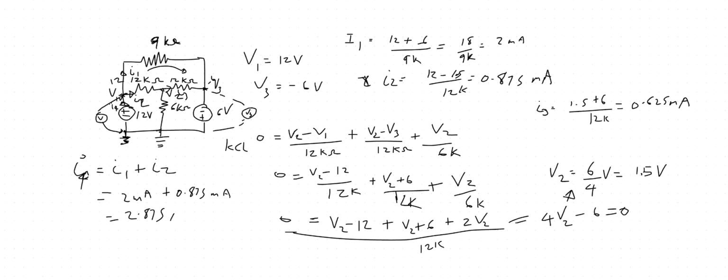Any more currents? What about the voltage now? Oh, I5 and I6. If you consider this one to be I5 going through this 6K, what is I5?